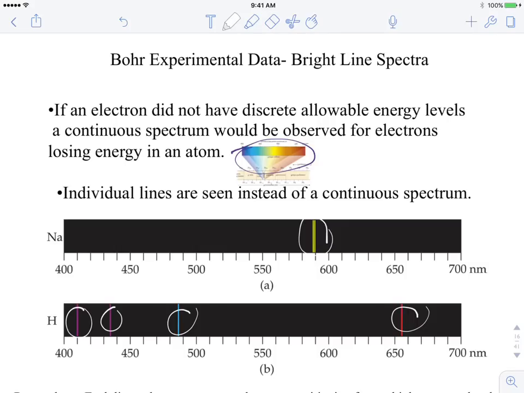And that's because he knew that energy is quantized. He also knew that the atom could absorb this quantized energy and that the atom itself was quantized, meaning that the electrons had specific energy levels, and that those electrons could only be in those specific energy levels and move between them.